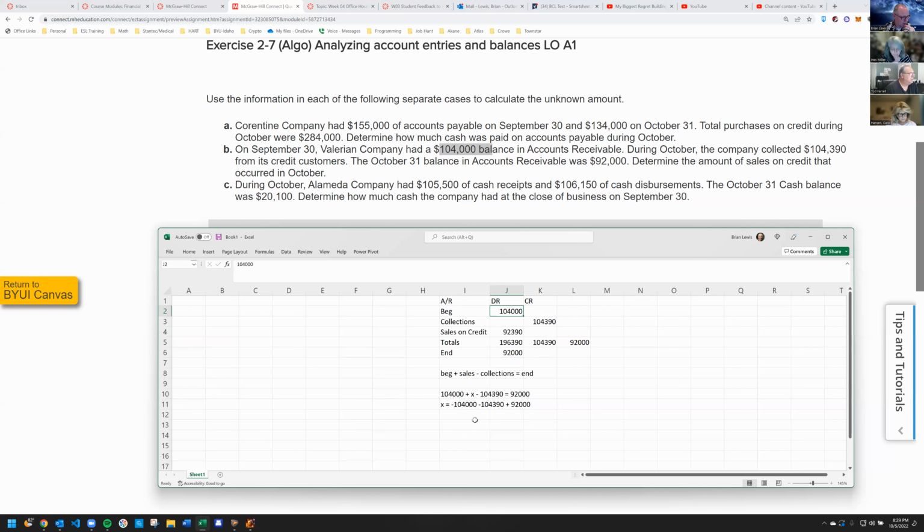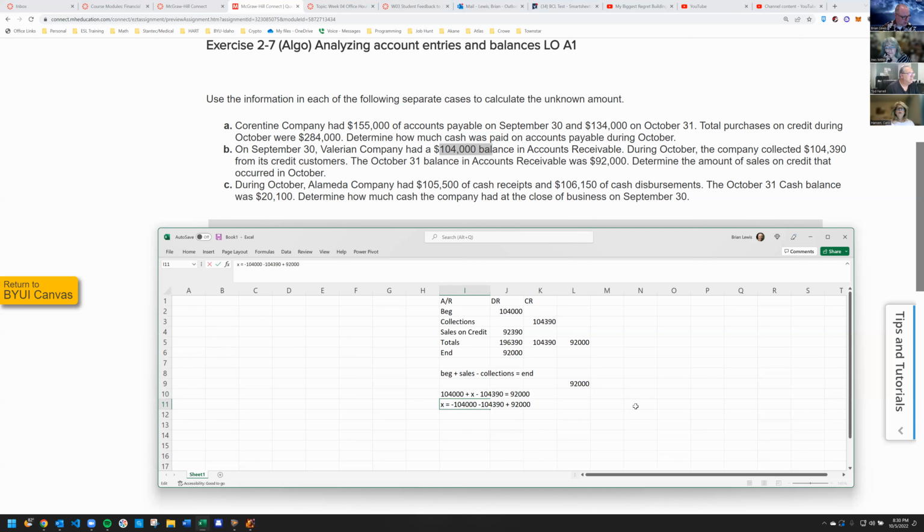So does that work though? 104 plus 92,390 minus 104,390 equals 92,000. So I must have done my math wrong in here somewhere. 104 plus 92,390 minus 104,390. Oh, that's right. I screwed up.